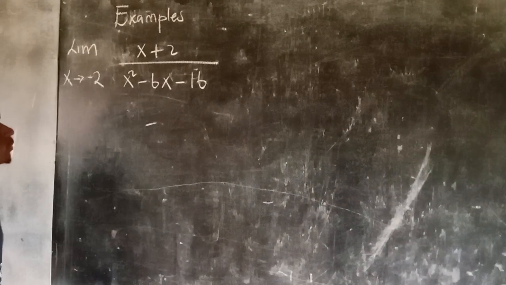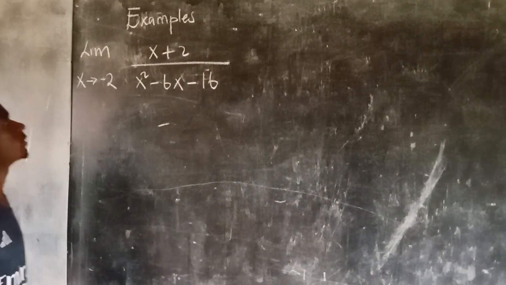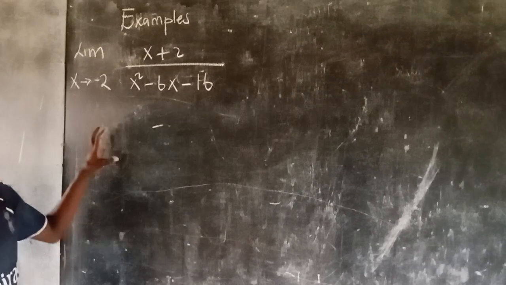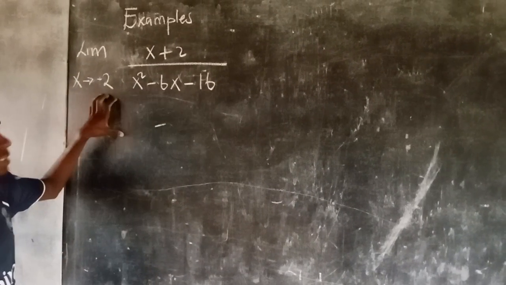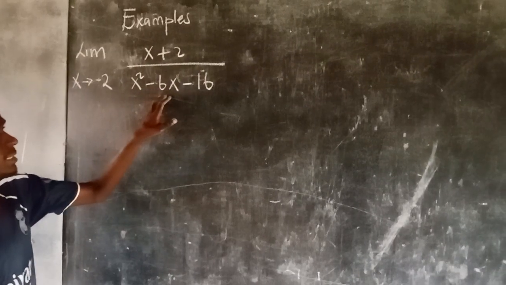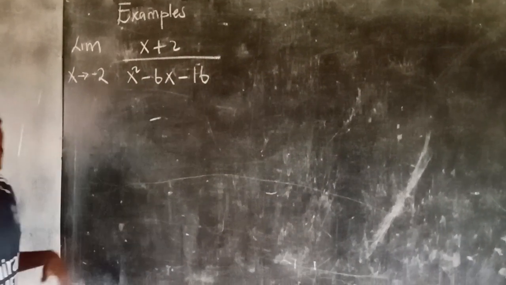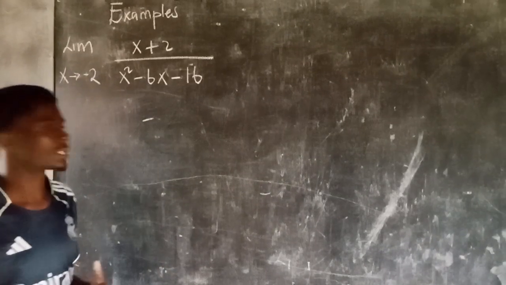So we are going to evaluate our last example now. This example is asking us to evaluate the limit as x approaches negative 2 of x plus 2 over x squared minus 6x minus 16. So as usual, direct substitution.